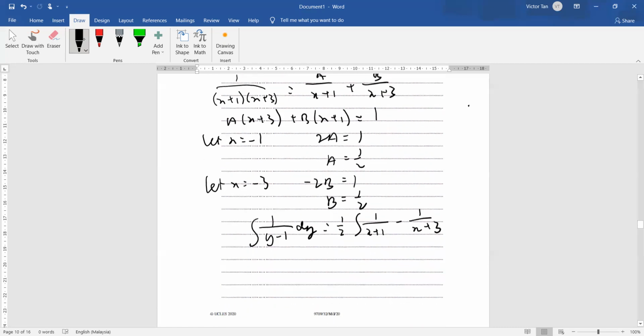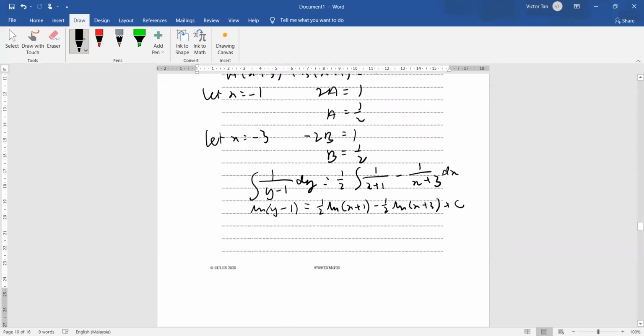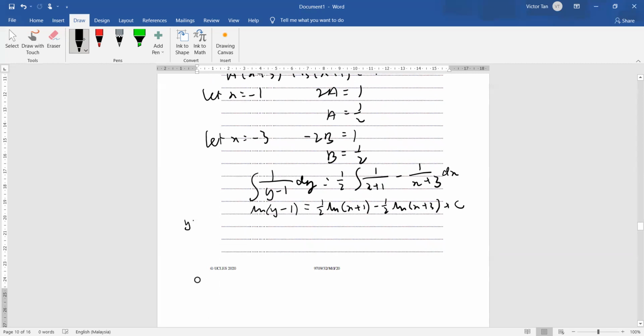Okay, dx. So this will be ln of y minus 1 equals half ln of x plus 1 minus half ln of x plus 3, plus c. So you are given y equals 2 and x equals 1. Save some space, excuse me.